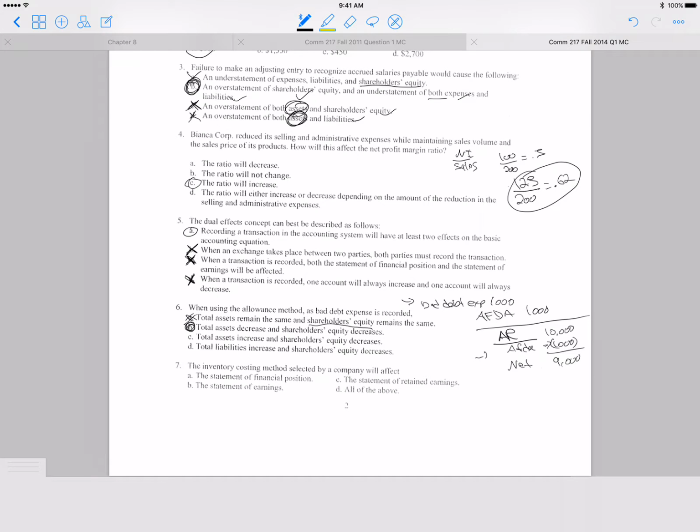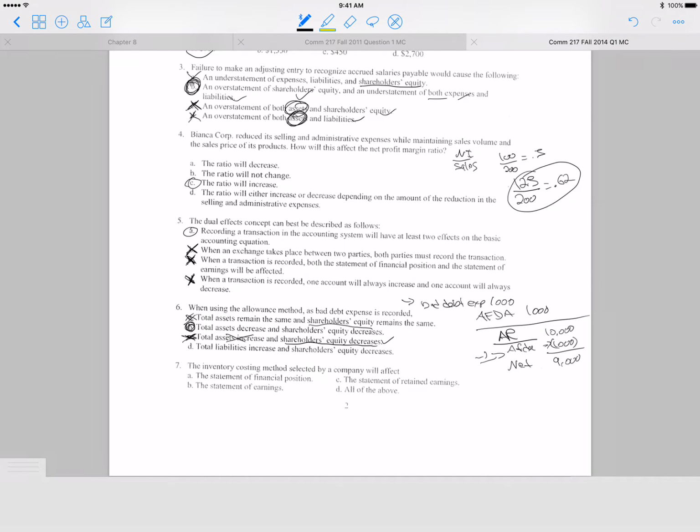But let's look at C and D. So C says total assets increase and shareholders' equity decreases. Well, as we explained, the shareholders' equity decreases, so that's right. But we also explained how the assets actually decrease because of the AFTA. So total assets increasing is an incorrect statement. So C is incorrect.